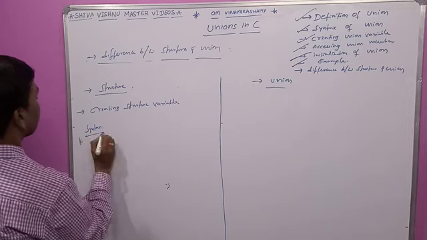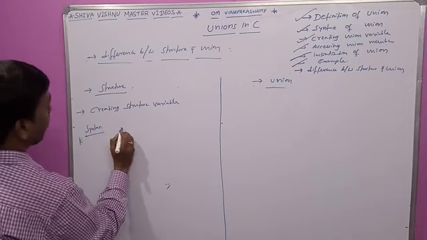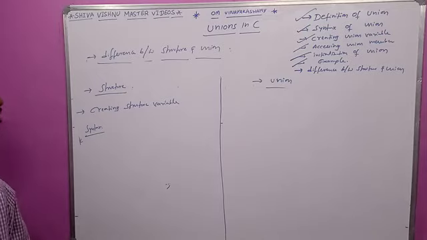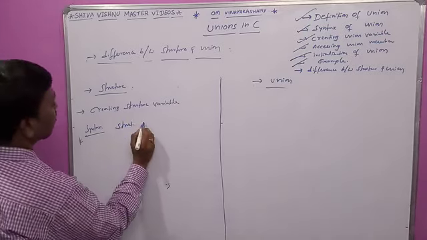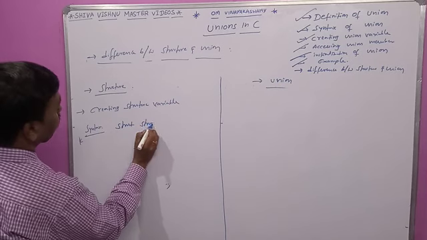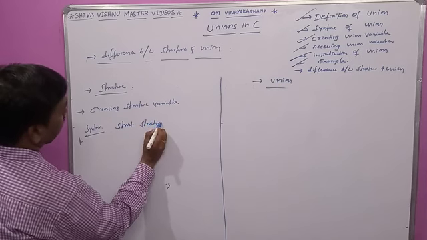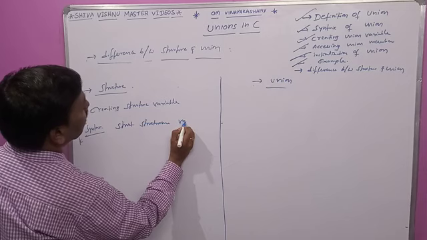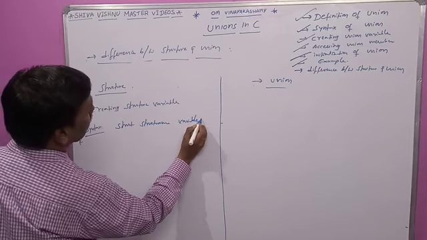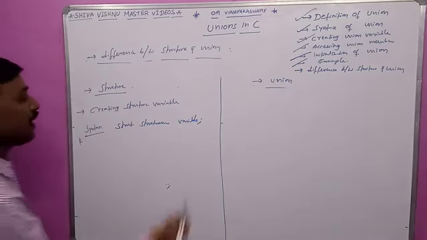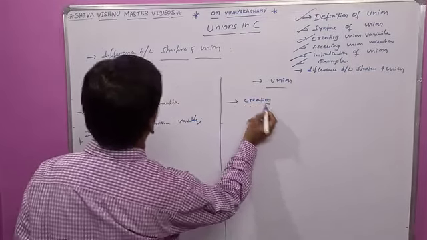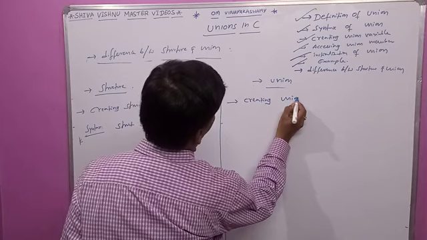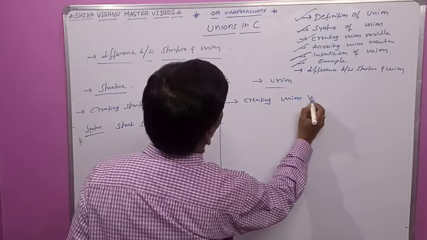Following the syntax, creating a structure variable: structure name, space, variable, semicolon. Here also creating a union variable.